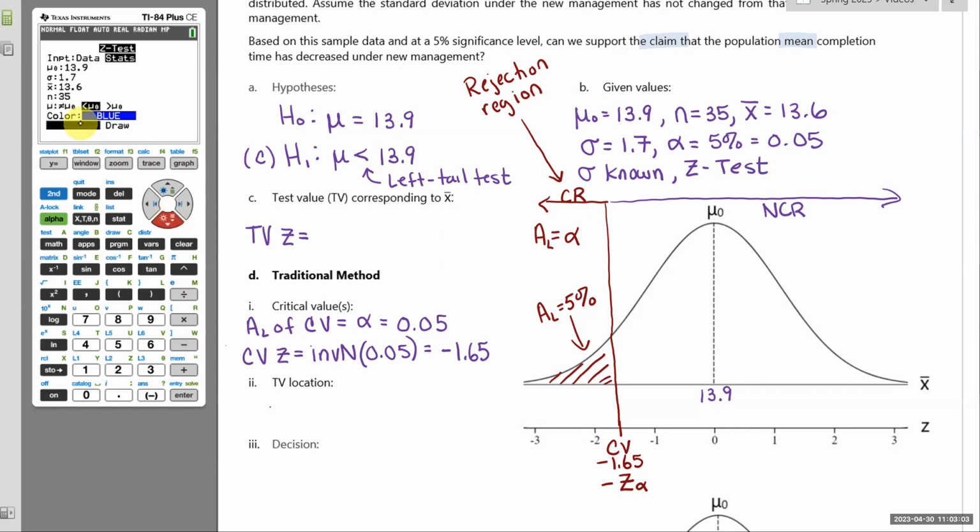And I'm going to use calculate again. I'll do draw in a moment, but we're going to go calculate. And that Z-score that you see is your test value. So I'll round to 2 places. So that's negative 1.04.